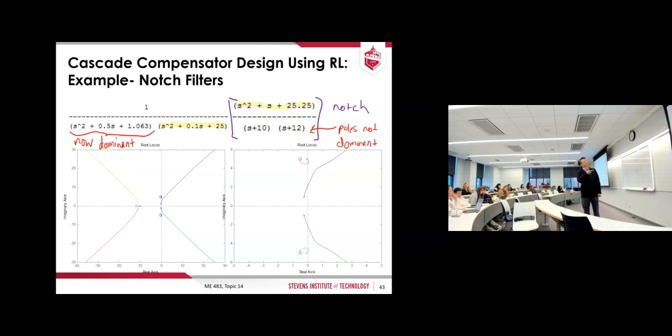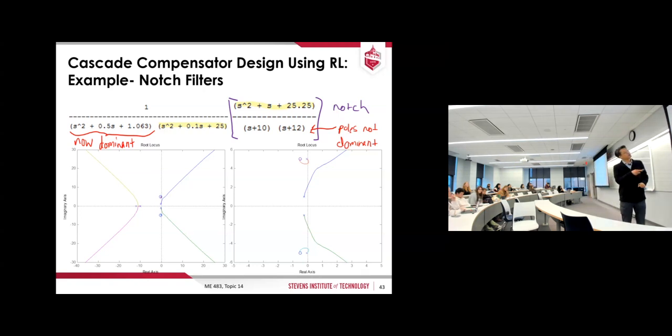So initially, this is your transfer function, and this was dominant, okay? And then you add this notch filter, which is a different form of compensator, not PD, not lead, but notch. This way, you remove one specific frequency point, okay?